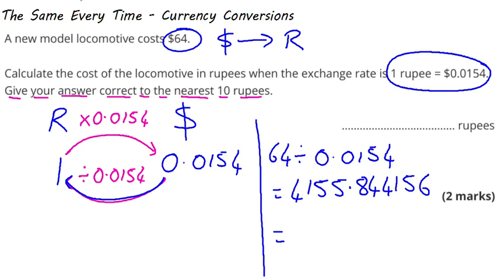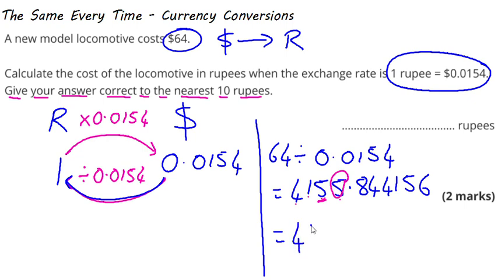Okay, let's have a look at this number. So the nearest 10, that's the tens, isn't it? That would be the units, the ones, that's the tens, that's the hundreds, that's the thousands. So I'm rounding to the nearest 10, so it's this second 5 just here. So I'll look at the next number, that's a 5. Remember, if it's a 5, 6, 7, 8 or 9, that tells me to round up.